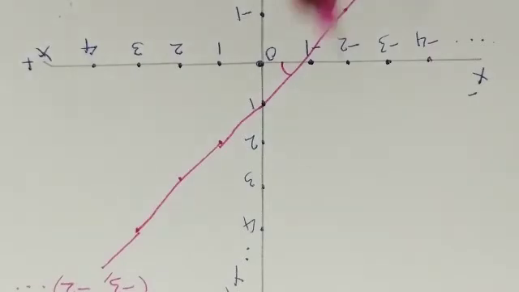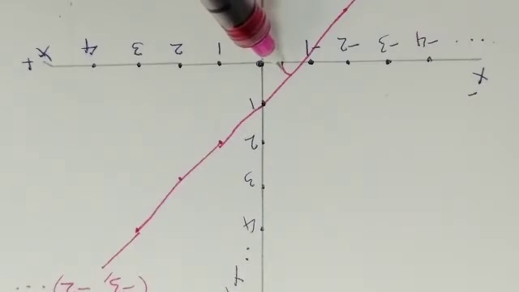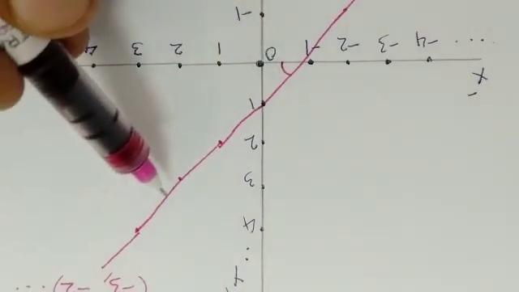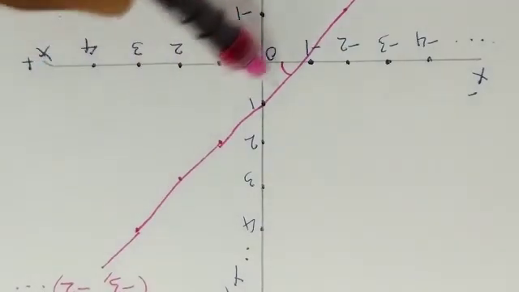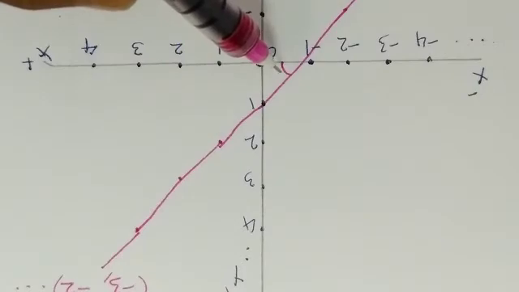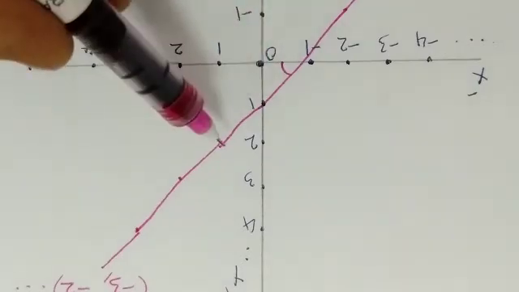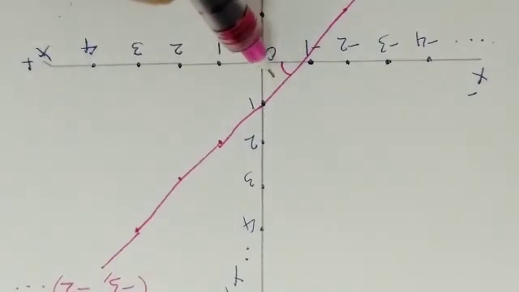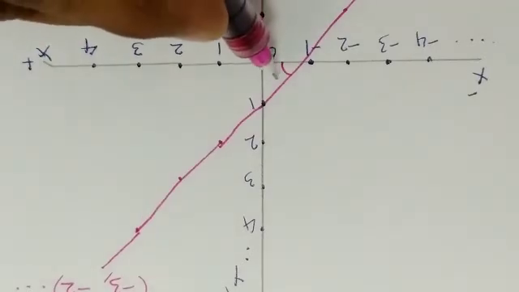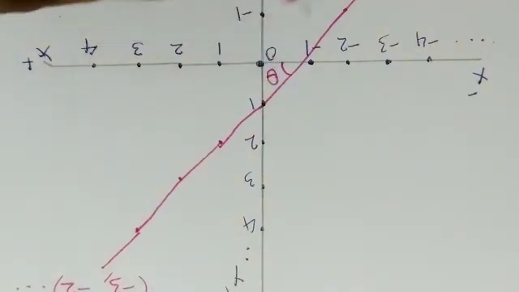The angle made by the line, this is the angle between the drawn line and the x-axis. The angle made by a line with the x-axis is called inclination. So this inclination is denoted by theta.